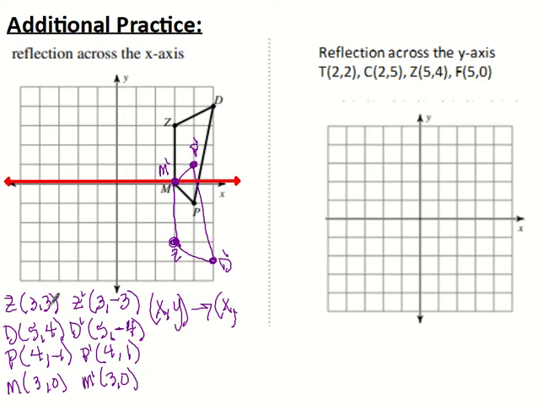But if we notice, 3 to -3, well, that's the opposite. 4 to -4, that's the opposite. And -1 to 1 is still the opposite. Well, 0, 0, there is no opposite of them, so that's why it doesn't look like it changes. So how we write this is we go opposite of y. And what we have to know is this does not mean -y, it means opposite of y.